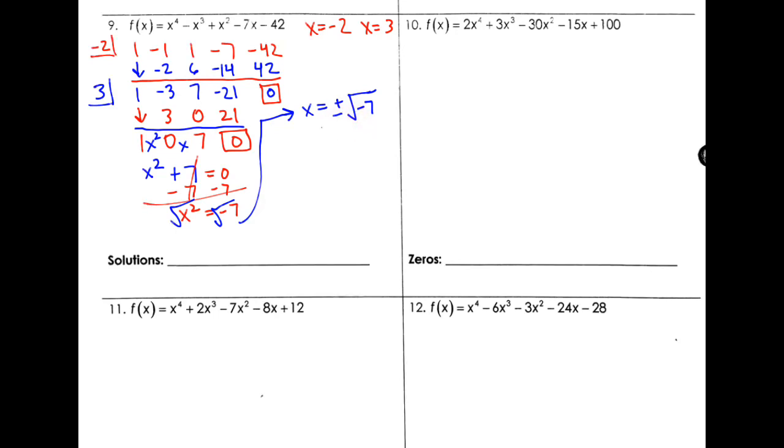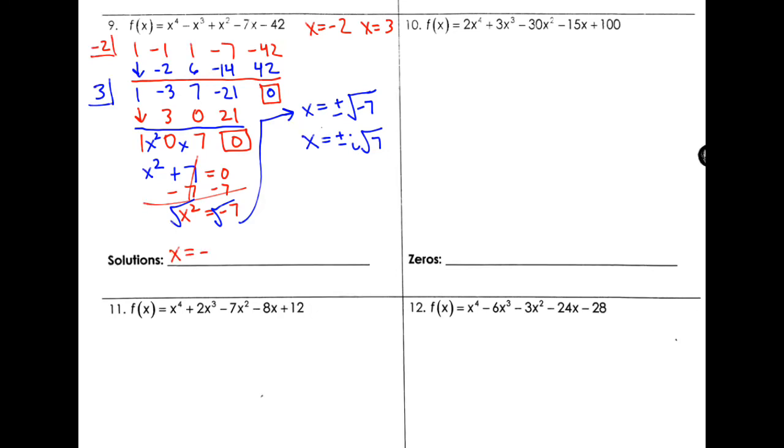And so right below that, we'll have x is equal to plus or minus i radical 7, because that does not simplify. So remember, this is a plus and a minus, and so that means x is equal to a positive i radical 7, and then it's also equal to a negative i radical 7. So that's our 2 other zeros because we needed 4, and so we are done.